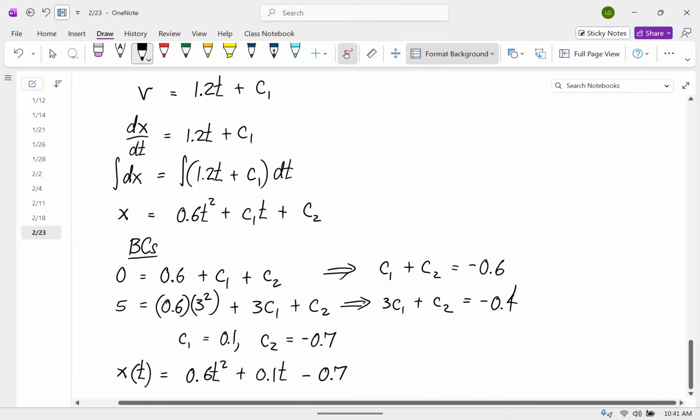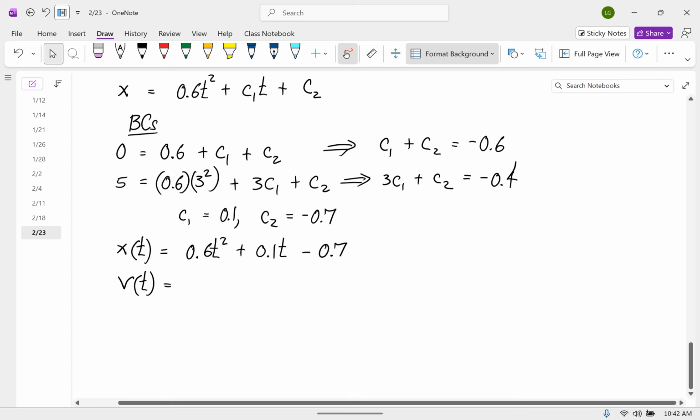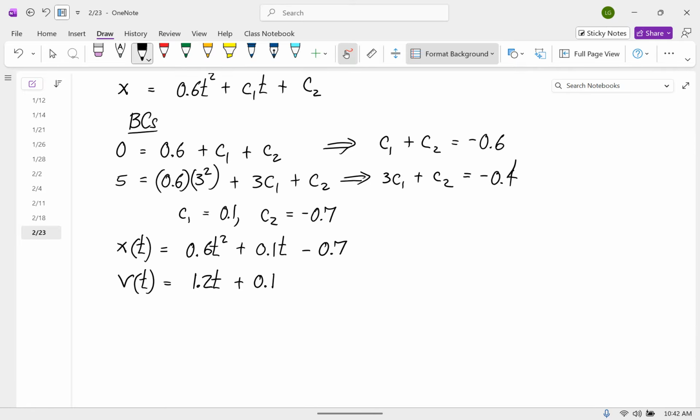And now that we know c1, we can write our expression for the velocity too. So the velocity as a function of time is equal to 1.2 t plus 0.1. So if you wanted these then as vectors, we have the position vector as a function of time.